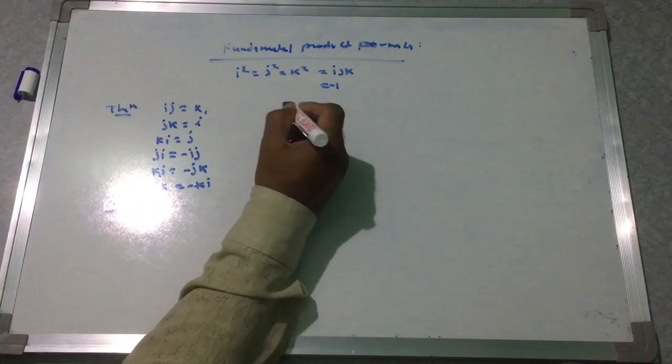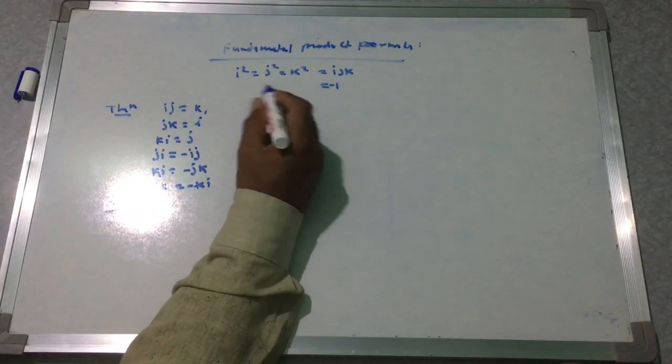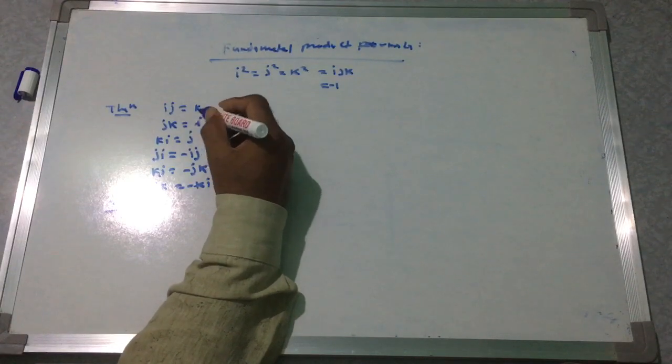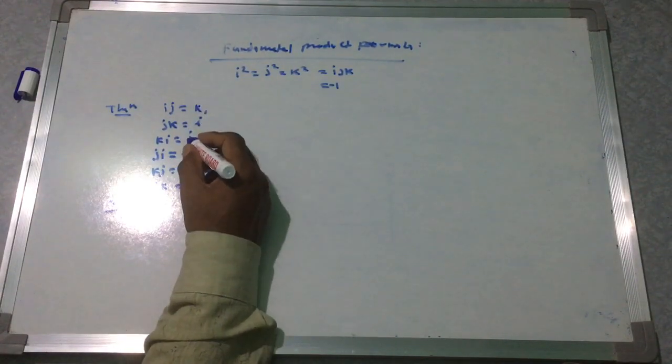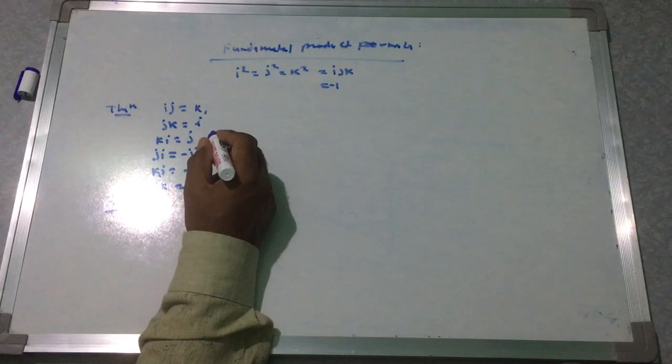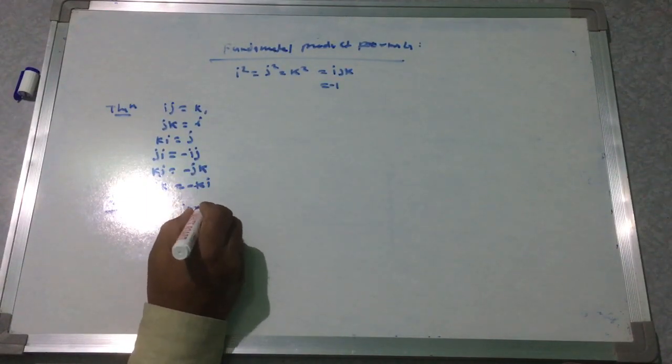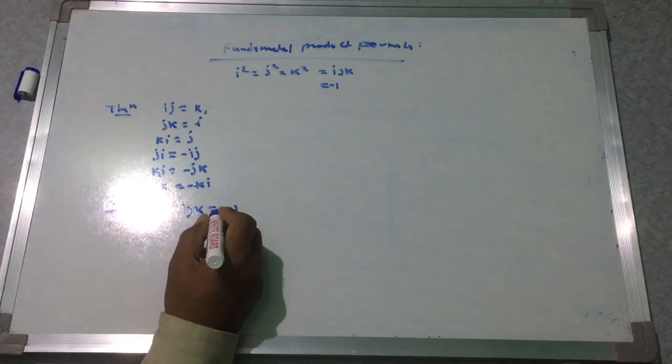Considering the associativity of multiplication, the above formula follows from the fundamental formula. Consider IJK is equal to minus 1.